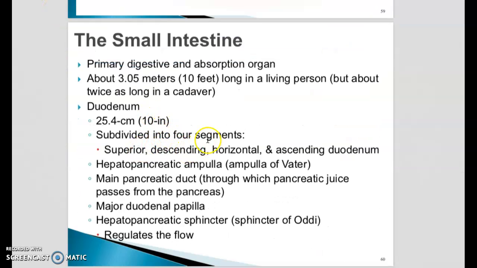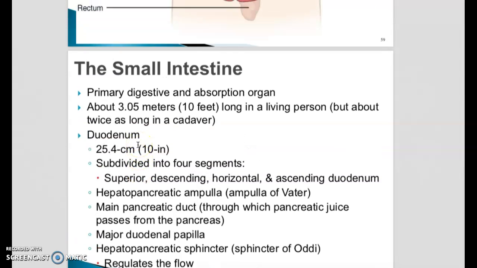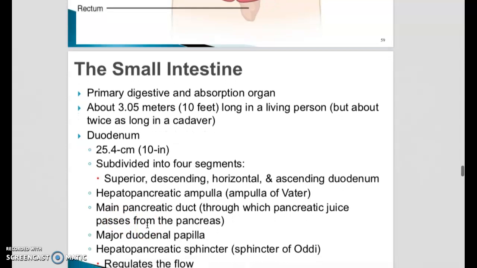The small intestine is divided into 4 segments: superior, descending, horizontal, and ascending duodenum. Then we see the main pancreatic duct, through which pancreatic juice passes from the pancreas, and then the major duodenal papilla.